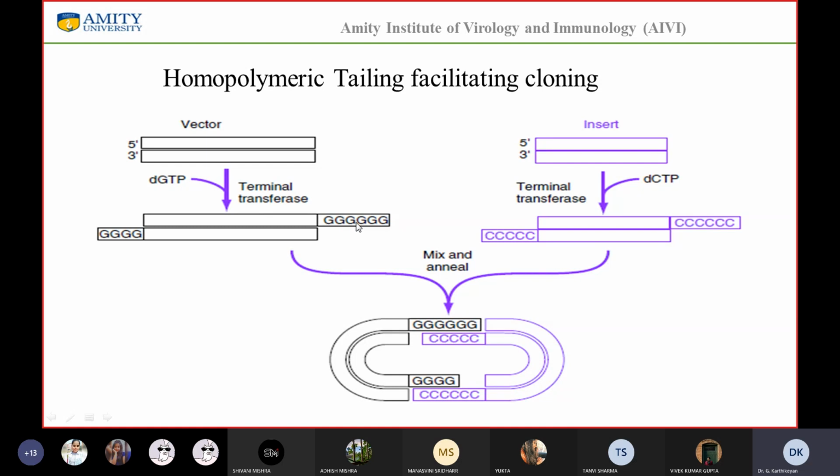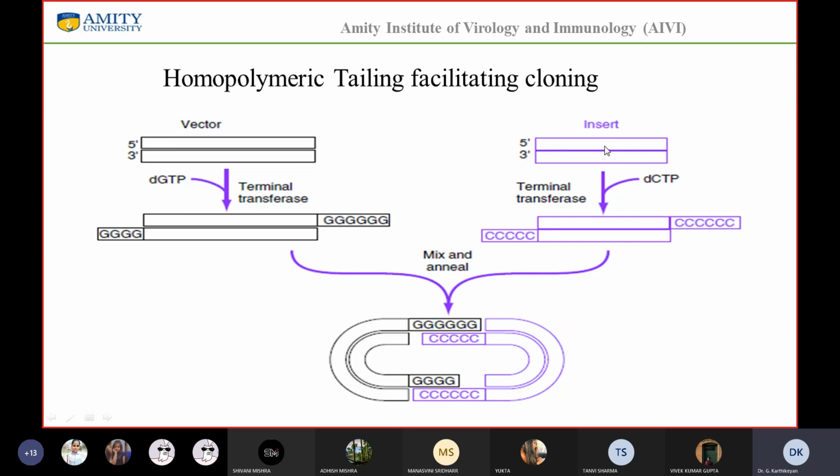It adds a series of G's. Okay, so that's why it is called a terminal transferase. It adds only at the 3' end, not at the 5' end. On both 3' ends, it adds a few G's. Okay, you need to optimize this.